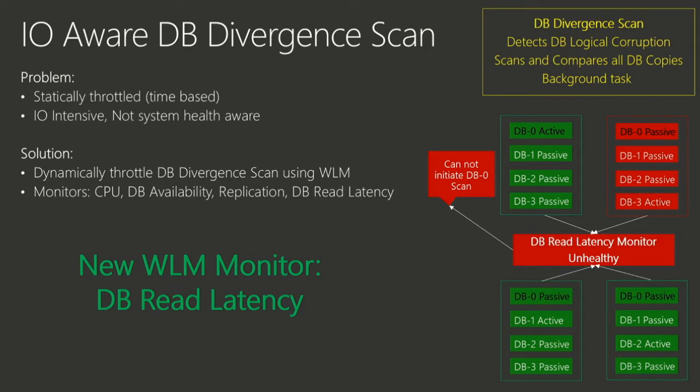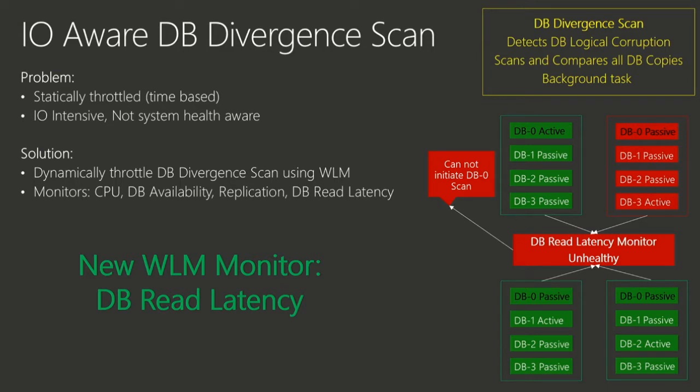In this case, if we wanted that passive to go, that guy is going to affect DB3 on that unhealthy disk, right? So all of that signal gets sent to the DB read latency monitor, and it says, well, only 3 out of 4 are healthy, so I'm going to say this is unhealthy, don't do any work.